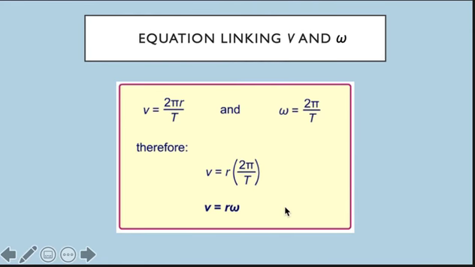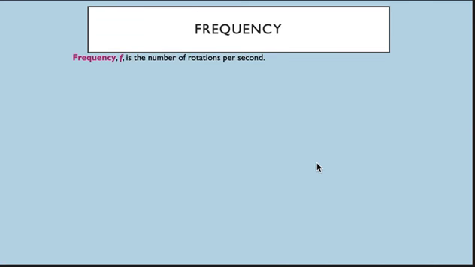So v equals r omega. A really important equation linking those two together.